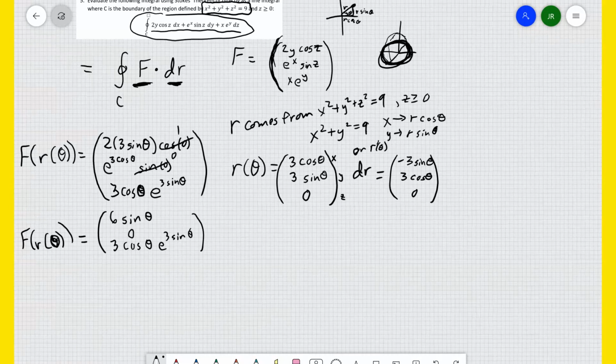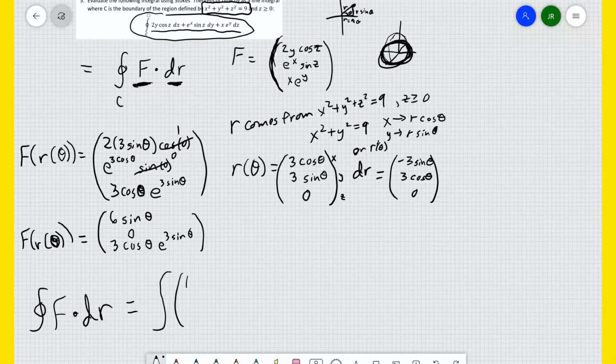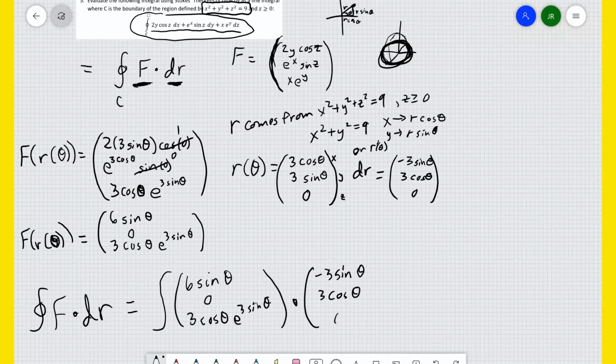So it's now the integral of f dot dr is equal to the integral of this f of r of theta, 6 sine theta, 0, 3 cosine theta, e to the 3 sine theta, dot negative 3 sine theta, 3 cosine theta, 0.